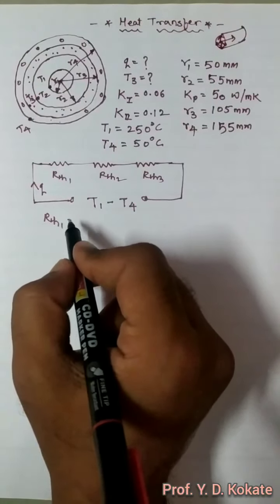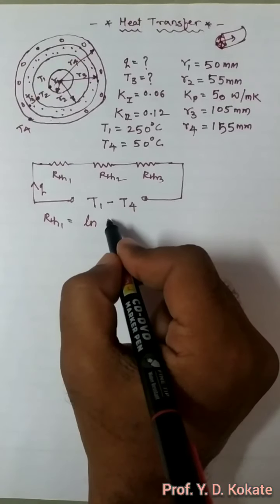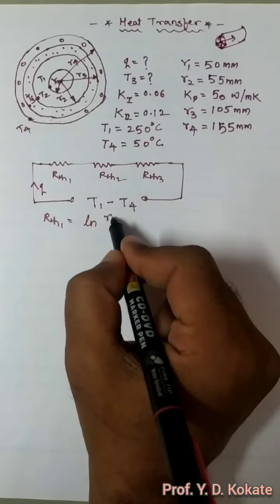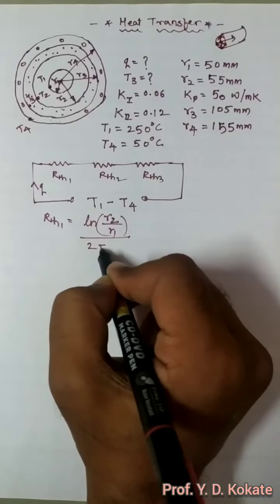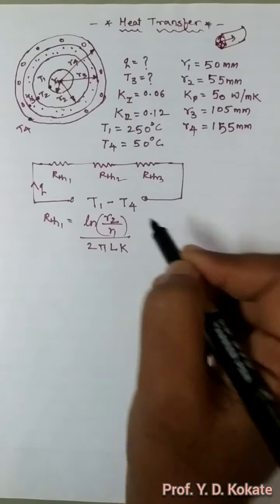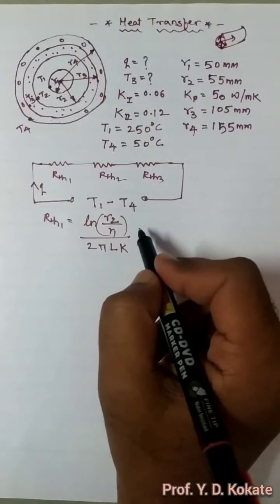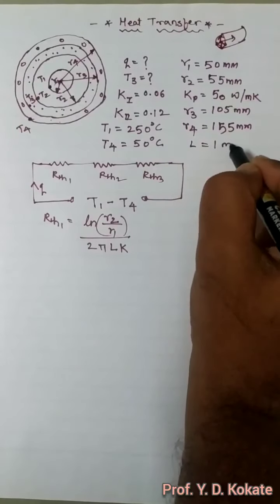So what is the RTH1 for a cylinder? We write it down: thermal resistance for a cylinder is ln of R2 upon R1 divided by 2 pi Lk. This K is for insulation and L is the length of the pipe. They have already given that it is for unit length, so L is treated as 1 meter.